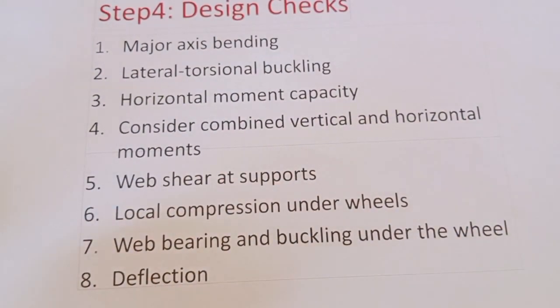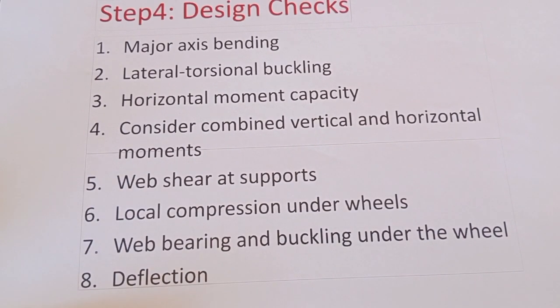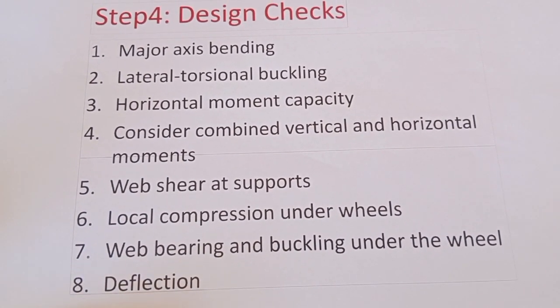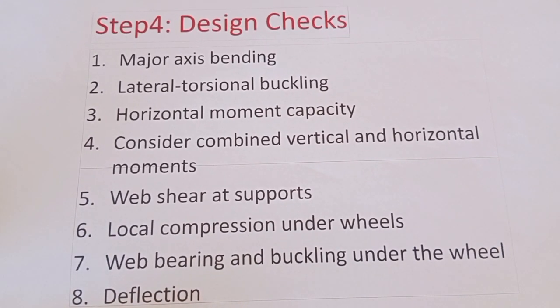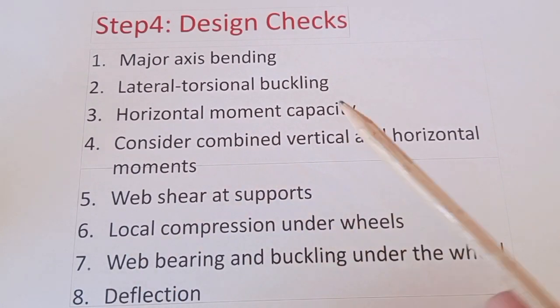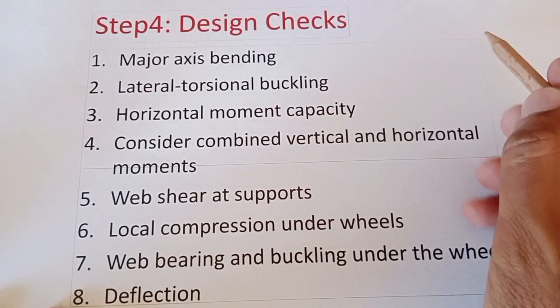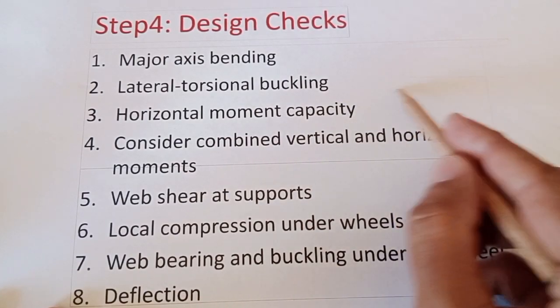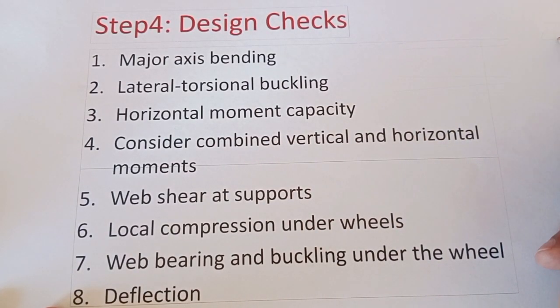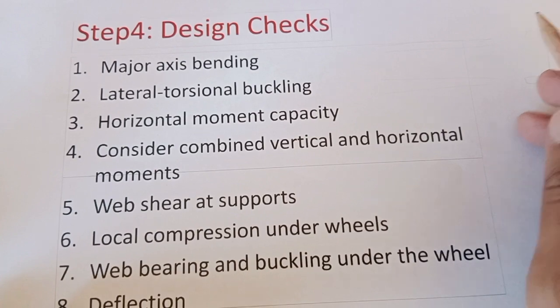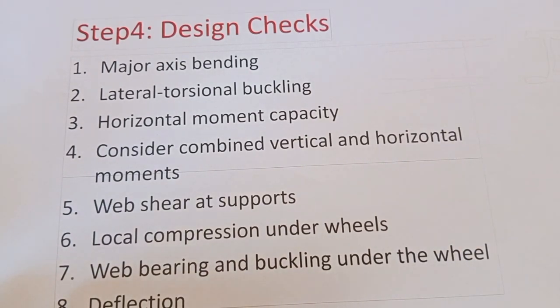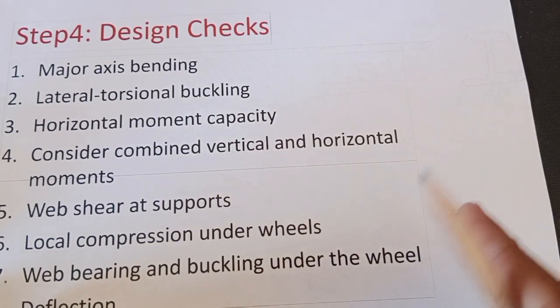So next is design checks for girder beam. Girder or just the runway girder beam or gantry. For that one, we have major axis bending. If this is the section, we have major and minor direction.